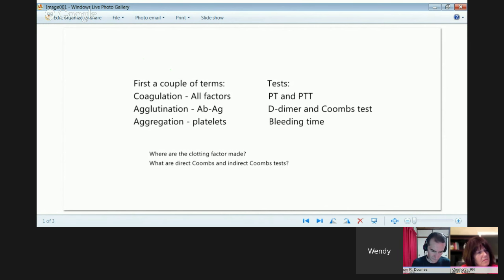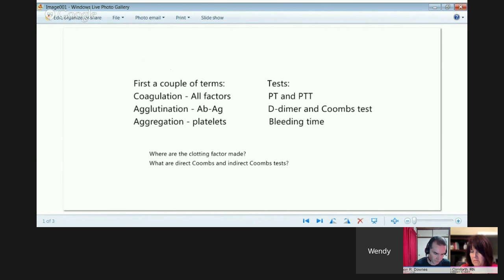So direct Coombs is when an anti-globulin antibody is added to the patient's red blood cells, and then you check to see if they agglutinate, if they stick together. It detects antibodies against red blood cells that are present.